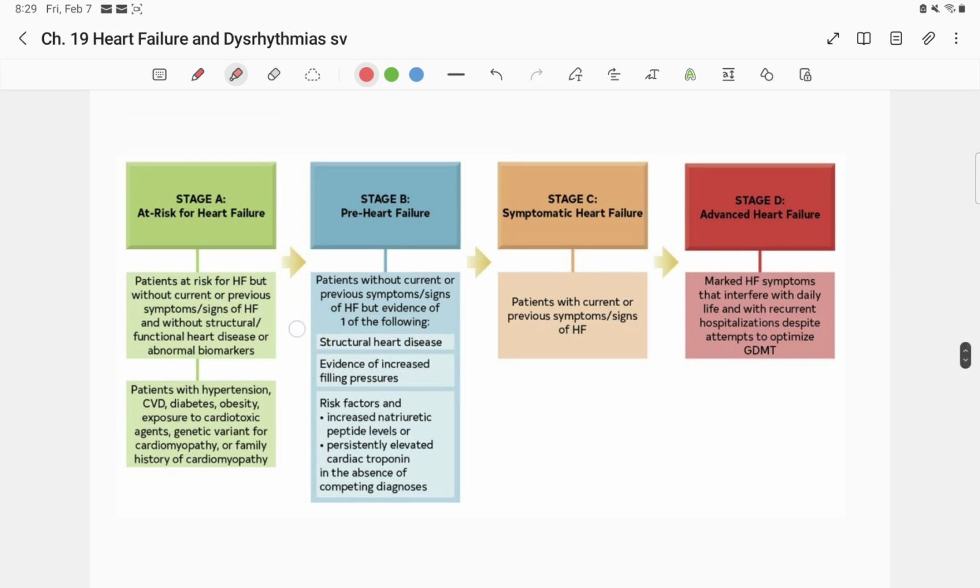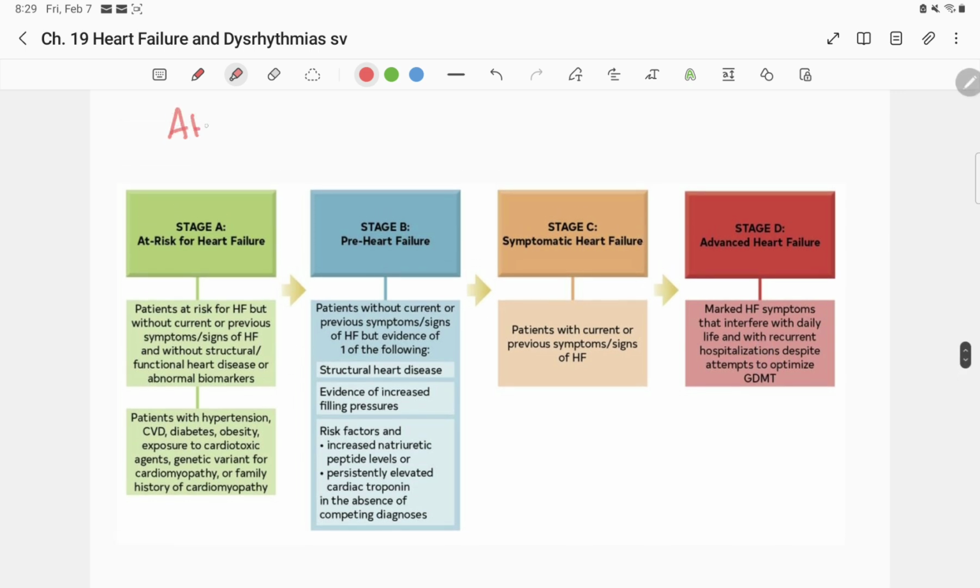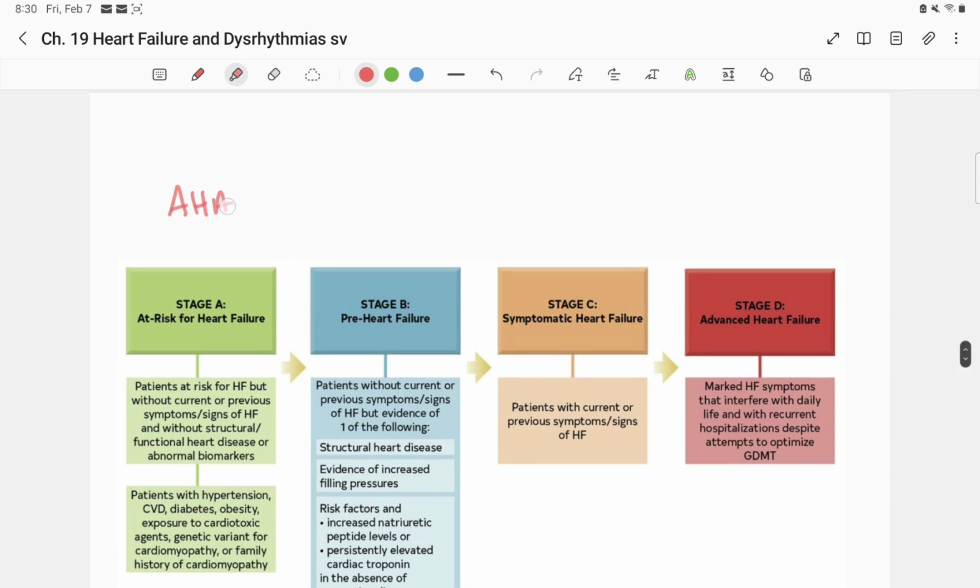Okay, the American Heart Association breaks things down into different stages. Okay, we have stage A. So this is at risk for heart failure.